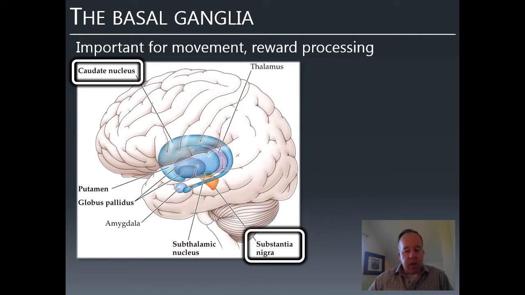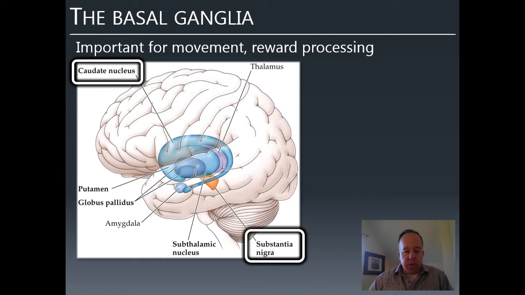What it does is it helps regulate the basal ganglia. And one thing it does is produce dopamine. So neurons that secrete dopamine have their origins in two different structures. One of them is the substantia nigra. And the reason I mention it here is that the substantia nigra is where neurons die if one has Parkinson's disease.